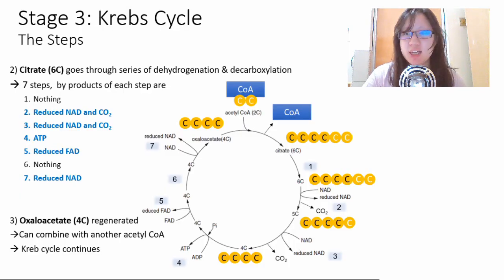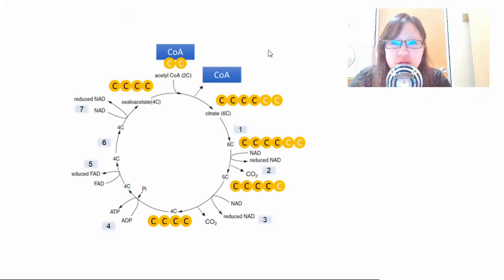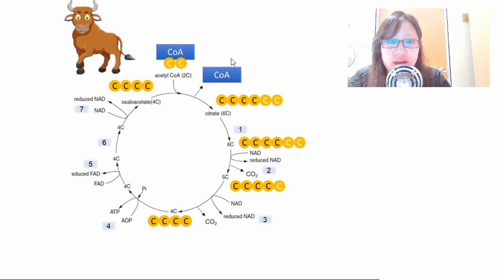The only weird way I could memorize it is by a story, a ridiculous story. And if you don't want to hear it, you can skip ahead, but if you want to hear it, pay attention, okay? So here's the dumb story. Once upon a time, there was this guy called Ox, and his full name is oxaloacetate.